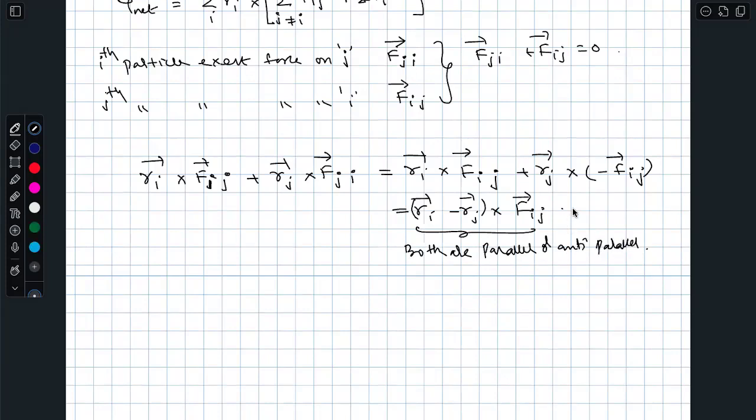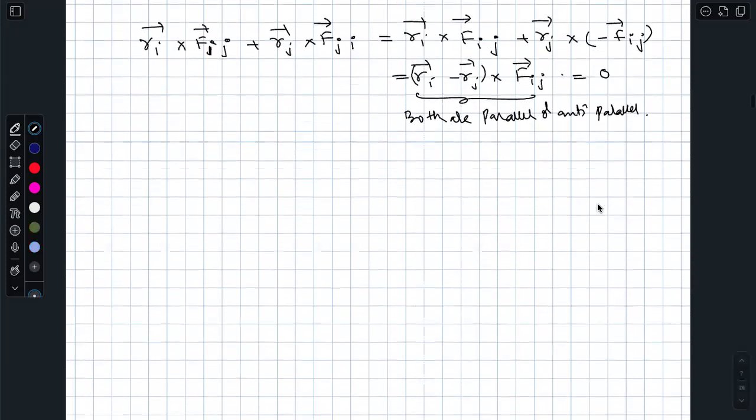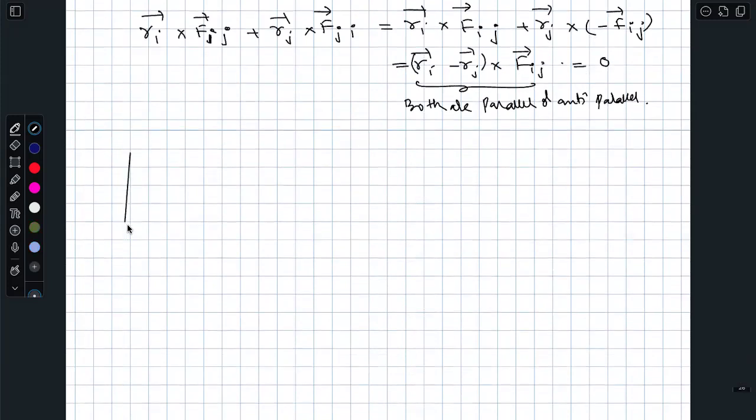So what happens in that case? The cross product will be 0. For example, take a system with axis A, B. The direction of force is in this direction, and r_i minus r_j is also in the same direction. Now, what happens to the cross product? 0.